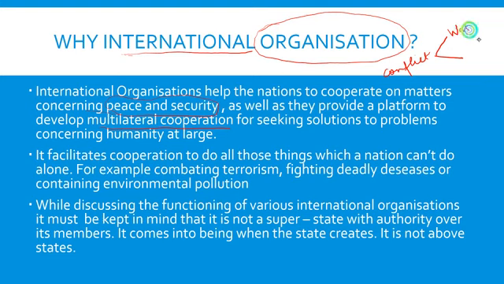One is war and the other is talks. War is not a good option, so you have to go for talks, because only talks, only cooperation, only interdependence can possibly remove conflicts amongst the nations.